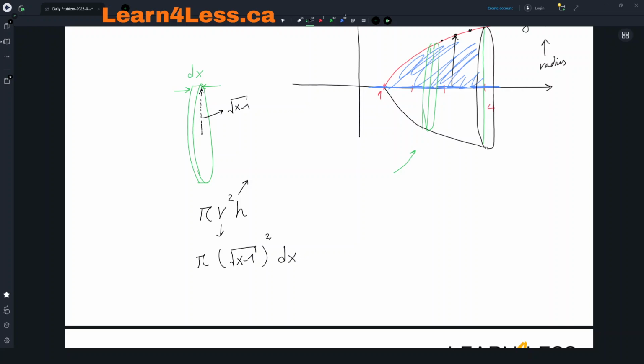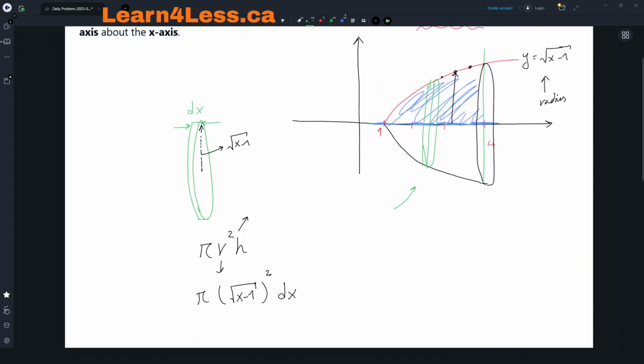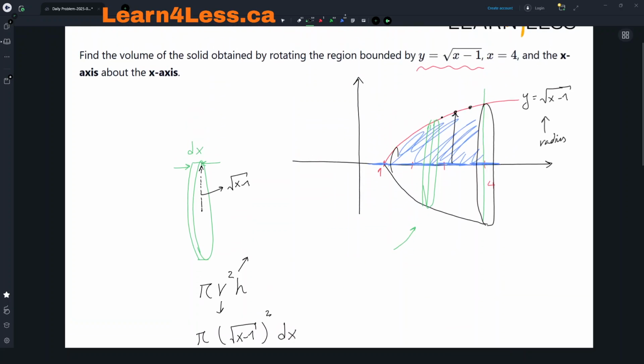This is the volume of a very thin layer of this solid. But we have an infinite number of these layers, like here, here, here, all the way to this point, which are stacked beside each other to create this three-dimensional shape.